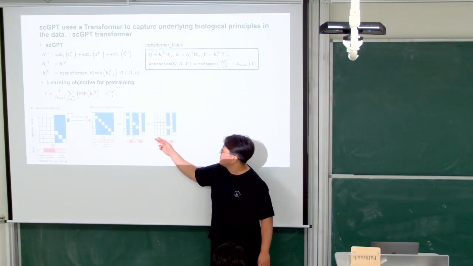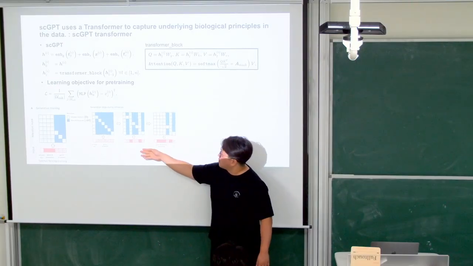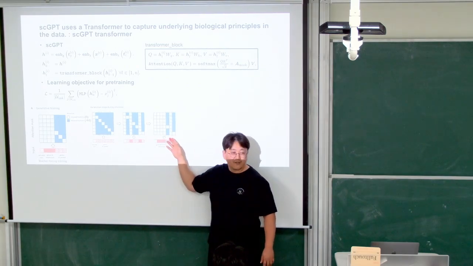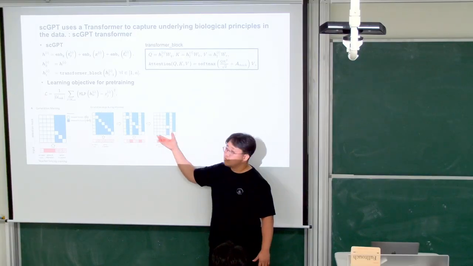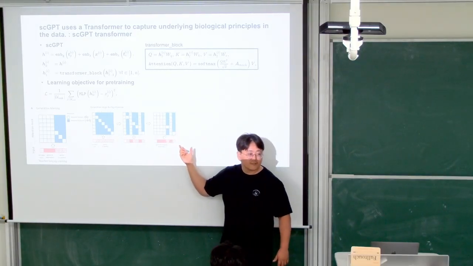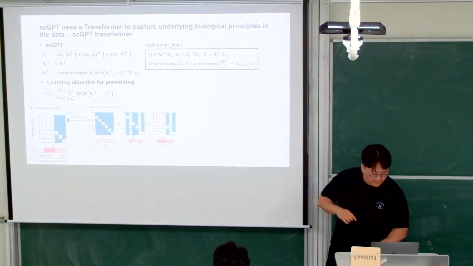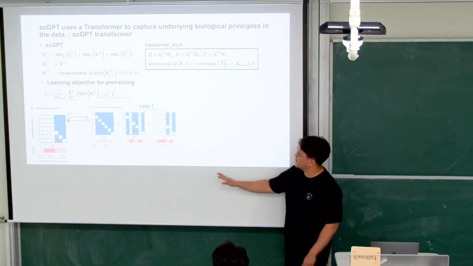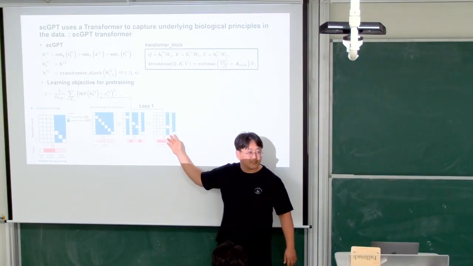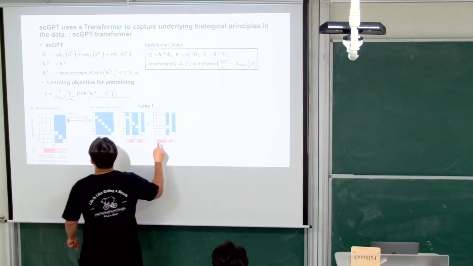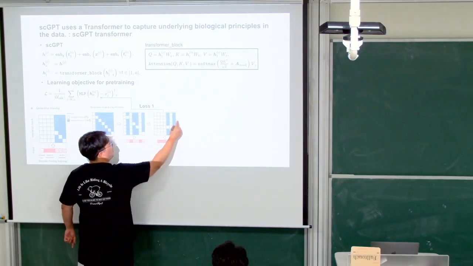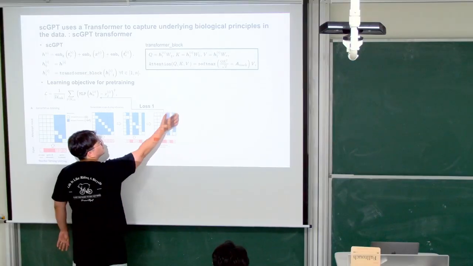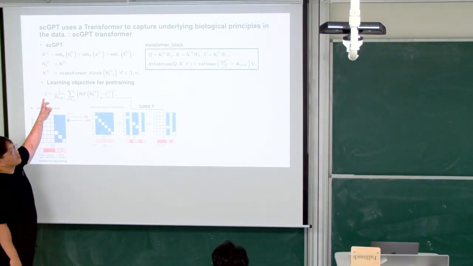They predict and apply this process iteratively until they recover the full expression. Let's assume that we have the full predicted gene expression, and we know that these are masked genes. We will use these masked genes to calculate the loss function.